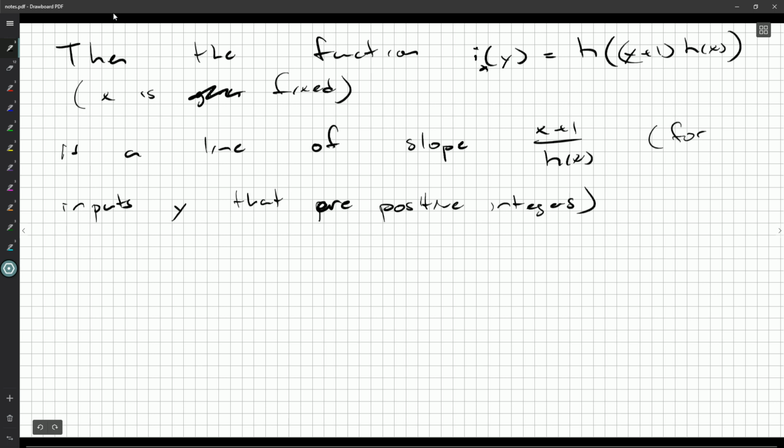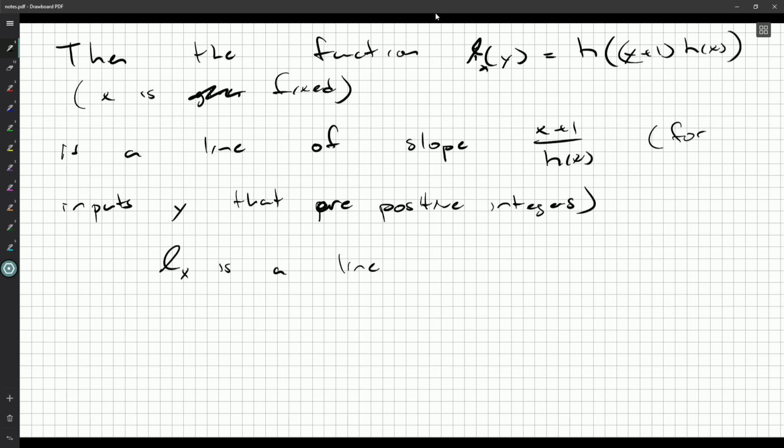So actually, let's not call it I, let's call it L, because we know it's a line now. Okay? So L of x, y is a line, and this is true for any x. Let's just call it L sub x. So L sub x is a nice little line, but we get lots of different ones.